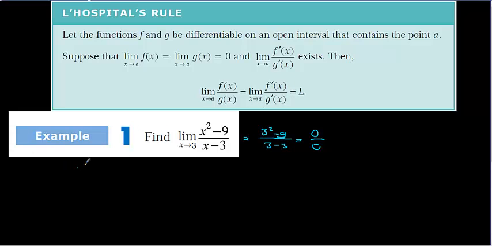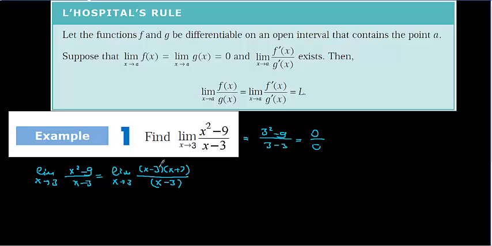If I solve this question, the 0 over 0 indeterminate form in the limit topic, we should solve it like this: limit x tends to 3 of (x squared minus 9) over (x minus 3) is going to be equal to limit x tends to 3 of (x minus 3)(x plus 3) over (x minus 3).